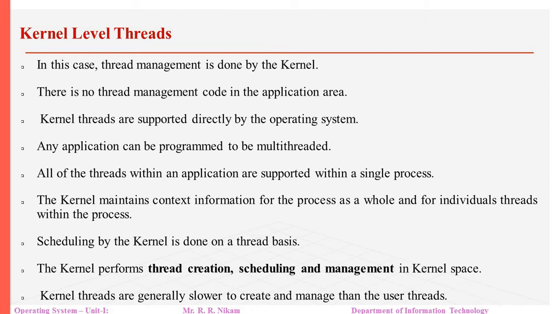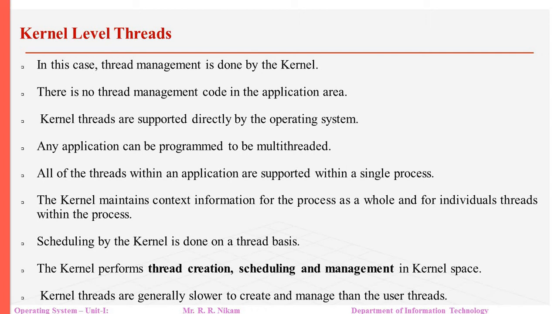Next, the kernel maintains context information for the process as a whole and for individual threads within the process. So all the information is maintained in the kernel. Scheduling by the kernel is done on a thread basis. In the user level it depended on the application basis; here it depends on the thread basis.